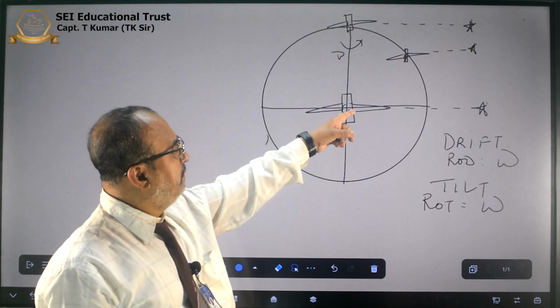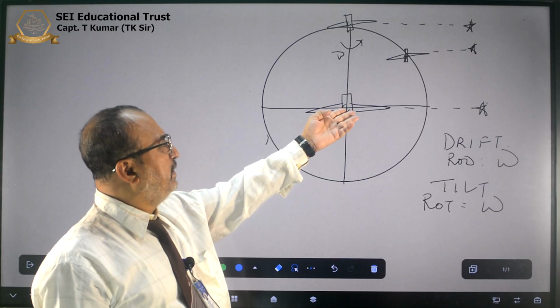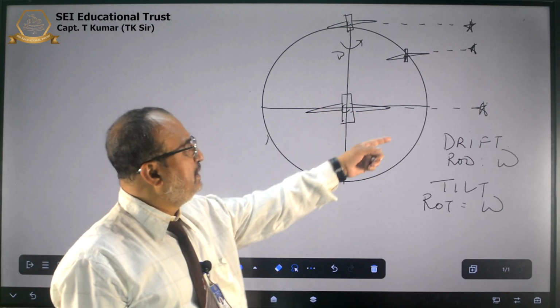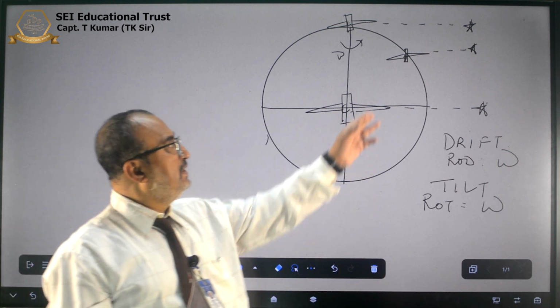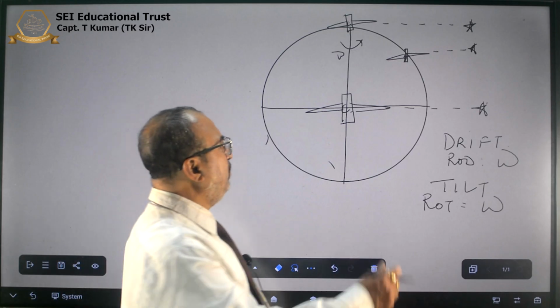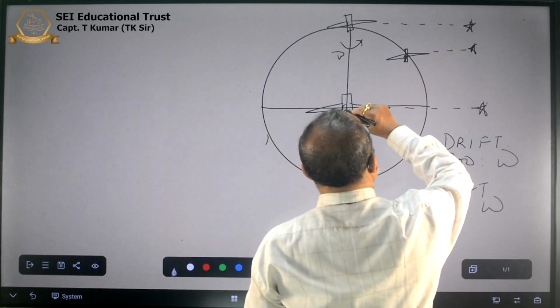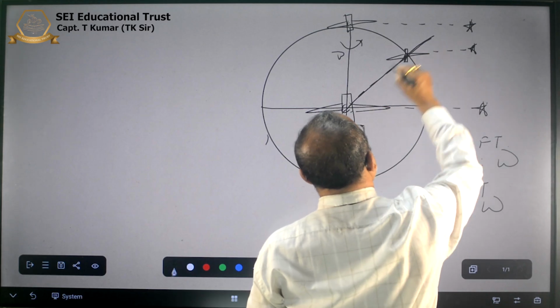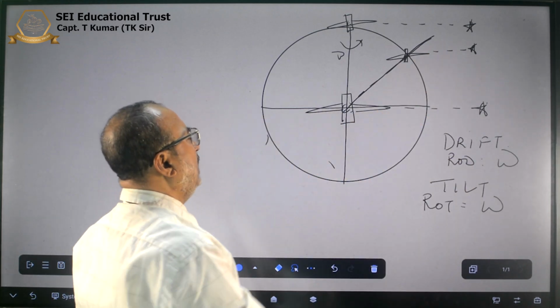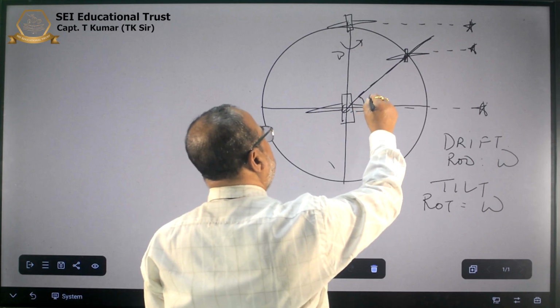In the same way, when it is on the equator, the plane is passing through the center of the Earth. Here we make an imaginary plane passing through the center of the Earth, and this plane makes an angle, say theta.